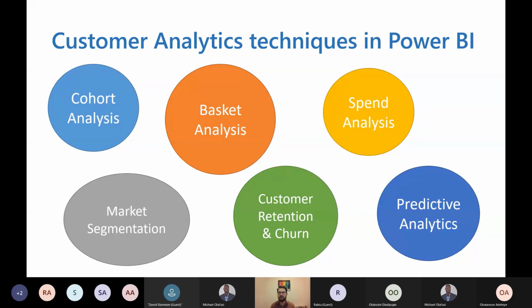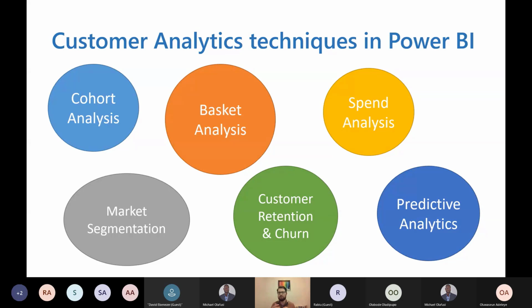And then finally, we've got predictive analytics. Most of the techniques we've been looking at are based in either historical data or current, present data. Predictive analytics looks to the future state. This may be proactively trying to work out when in the future a given customer is likely to churn and no longer do business with us. We may be able to use predictive analytics to work out when that's going to occur, and offer some interventions to avoid it.